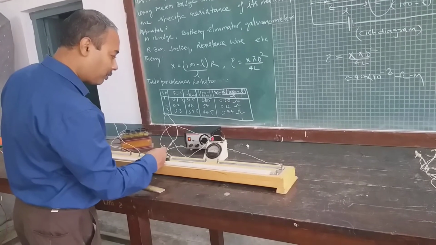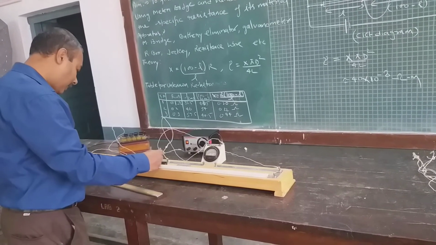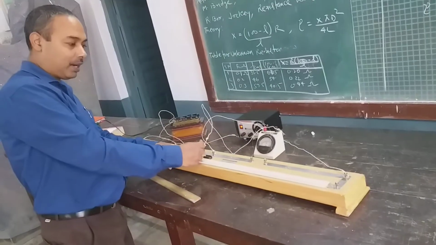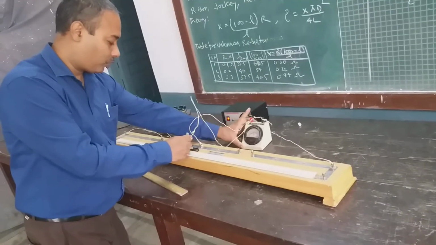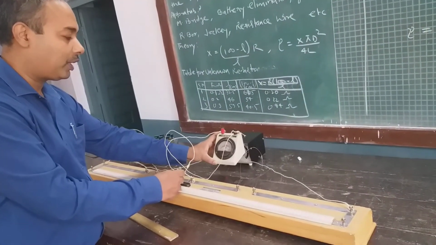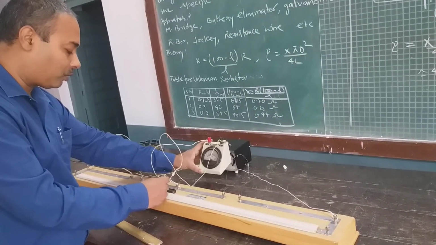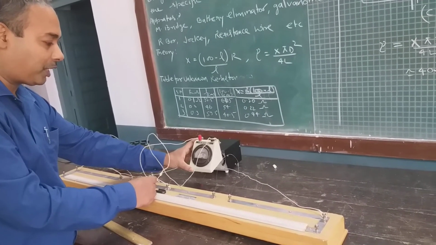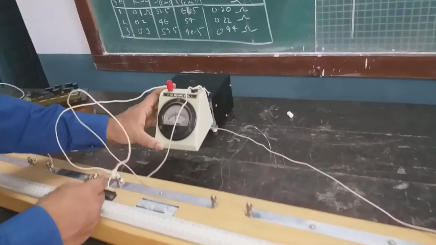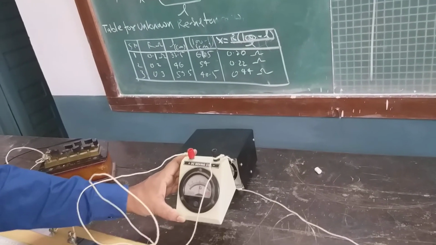What we observe is that at this particular point, at the length of 44.2 centimeter, the galvanometer needle is not showing any kind of deflection. When we go towards right or towards left, the needle is displaced from the zero position. And at exactly 44.2, the galvanometer needle is not showing any deflection.